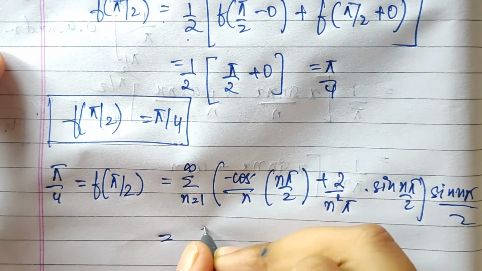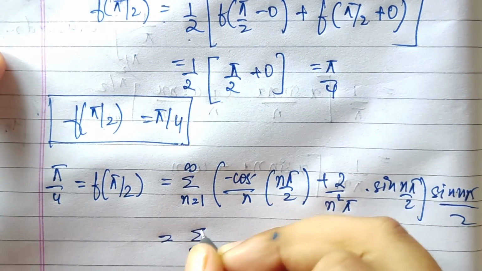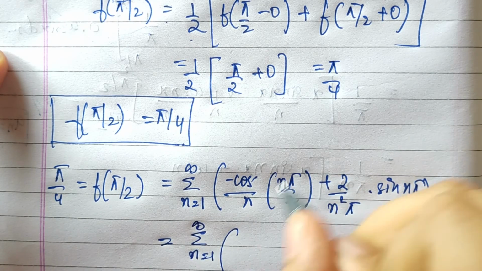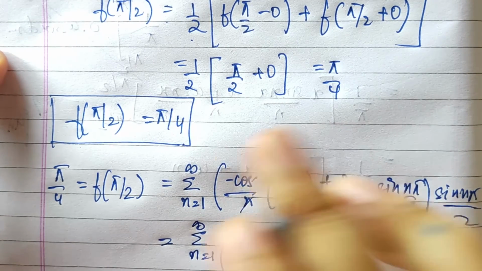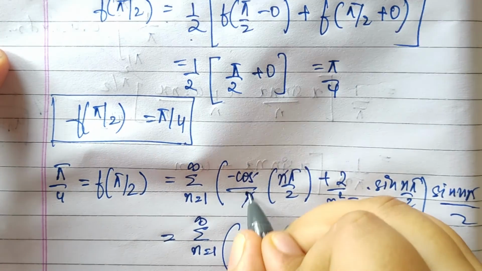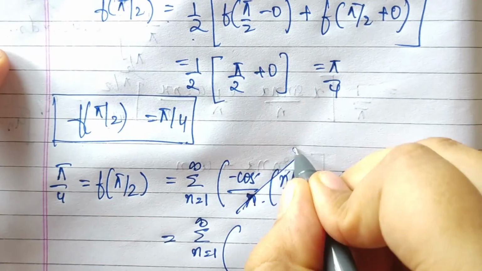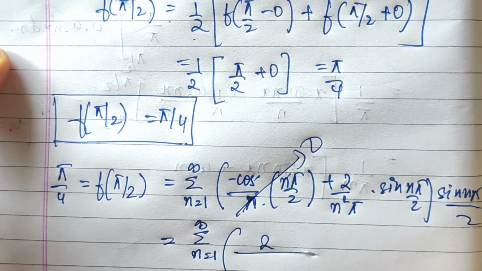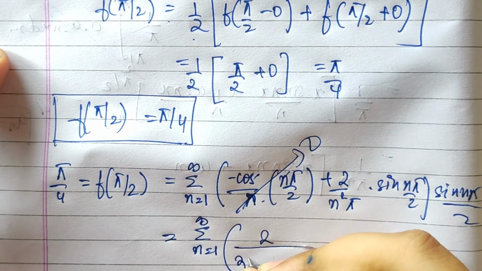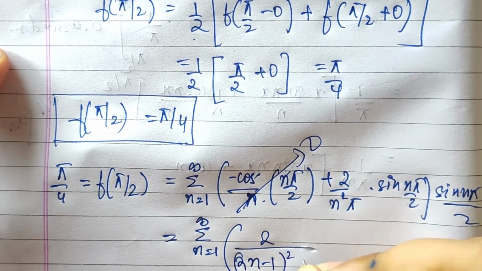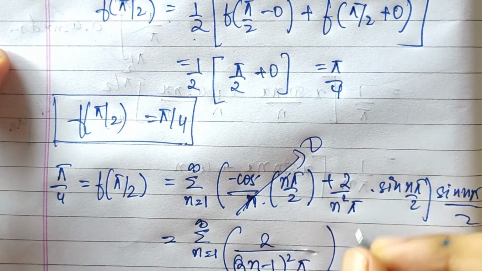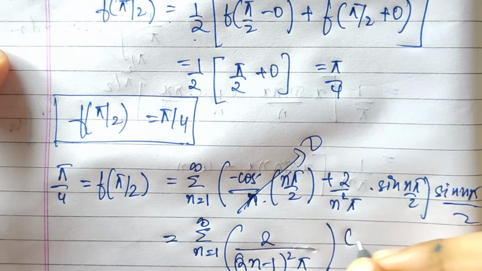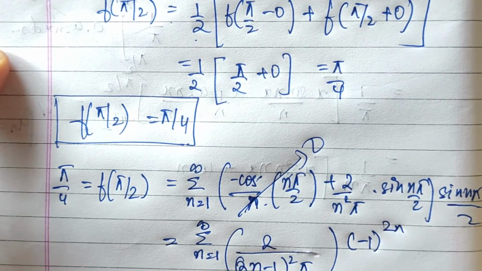That is again equal to summation of n is equal to 1 to infinity. This term will be equal to 0, and we'll get 2 divided by 2n minus 1 the whole square pi into sine n pi is nothing but minus 1 power 2n.